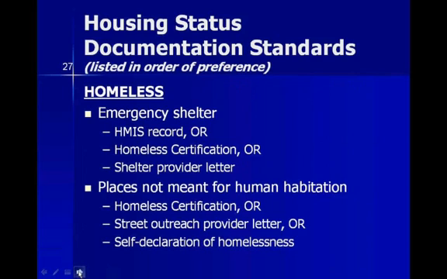So when we think about emergency shelter, if I'm an HPRP program and I have a household who I'd like to assist with rapid rehousing, and they're staying at an emergency shelter, the first type of documentation I should attempt to obtain is some record from the local homeless management information system that verifies that the person is a present resident of that emergency shelter, that shows a shelter record of their current residency with a program entry date and presumably no program exit date because they're a current occupant of that shelter.